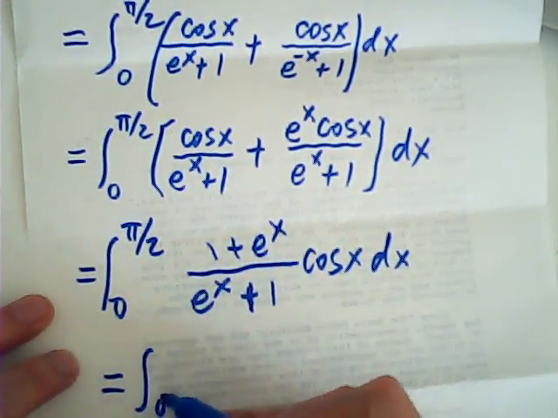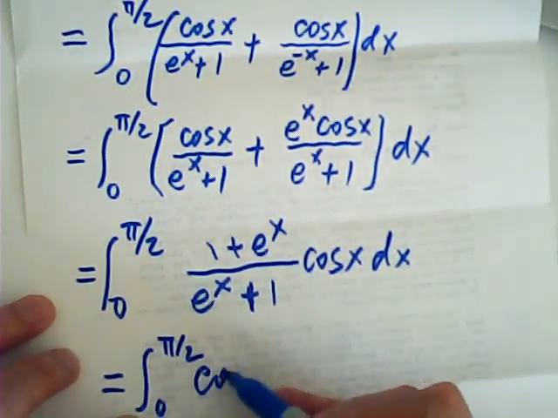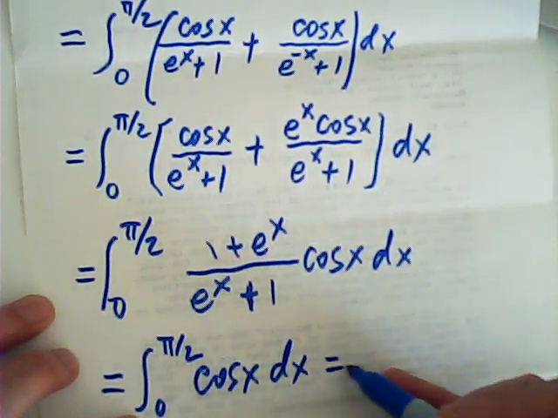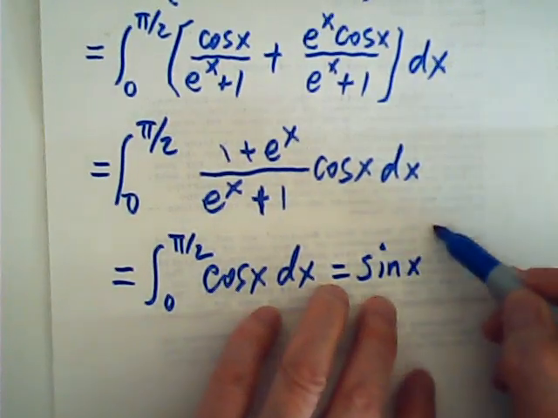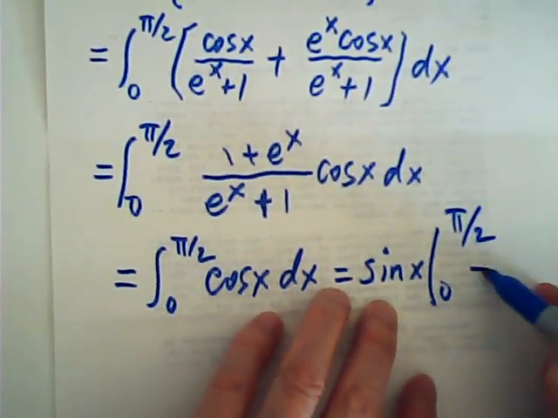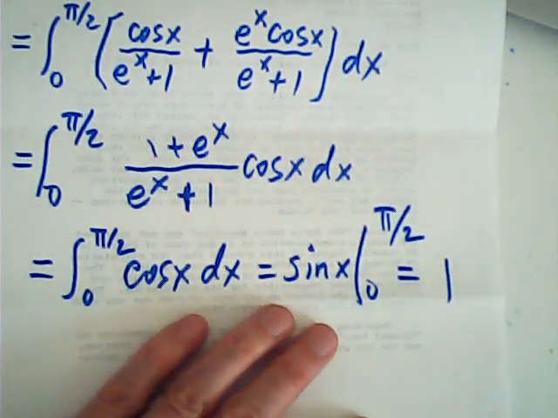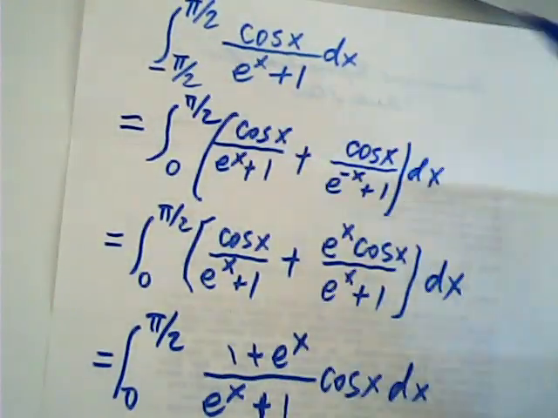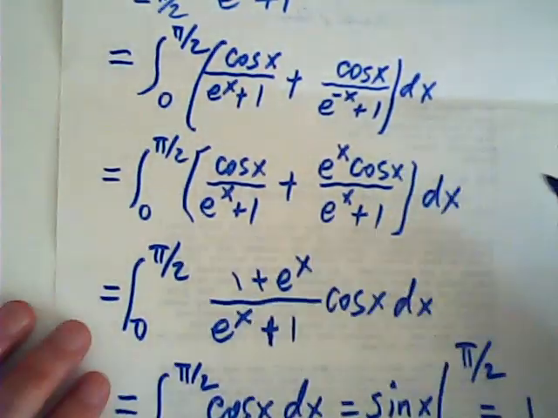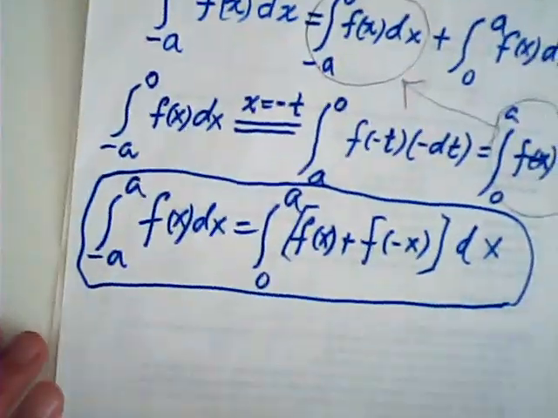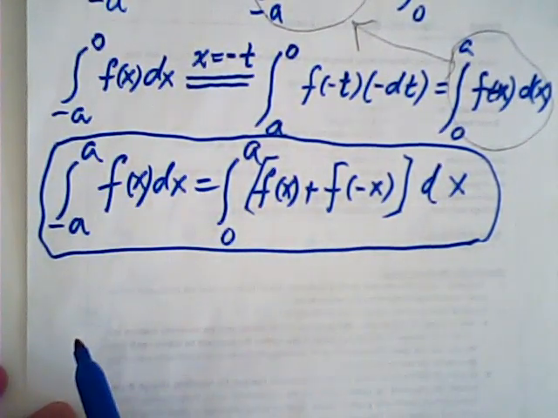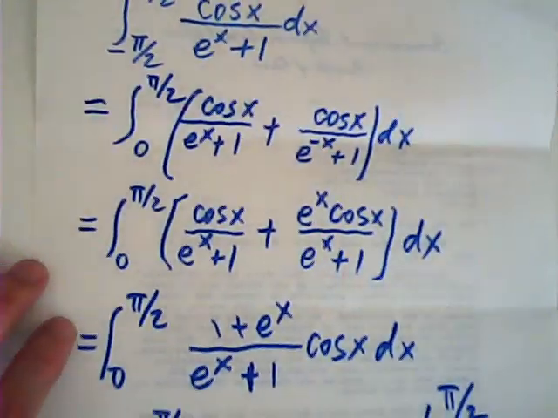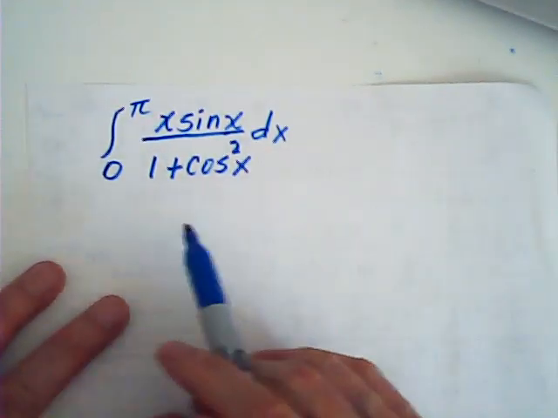So this one is the integral from 0 to half pi of cosine x dx, which is equal to sine x from 0 to half pi, that is equal to 1, sure. So this integral has been done very nicely with the property. Okay, that's example 1. Now let's do example 2. This is the question.